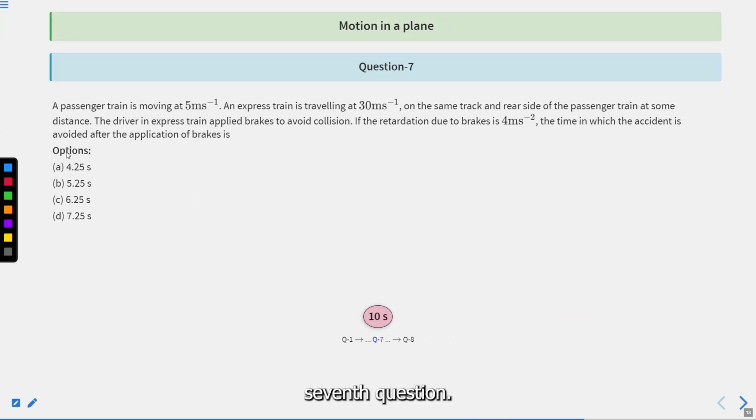Seventh question. A passenger train is moving at 5 km per hour. An express train is traveling at 30 meter per second on the same track, behind the rear side of the passenger train at some distance. The driver of the express train applied brakes to avoid collision.